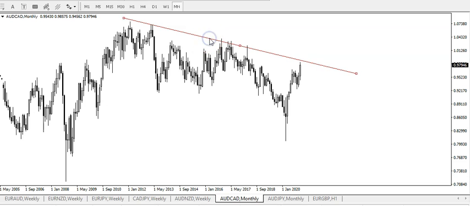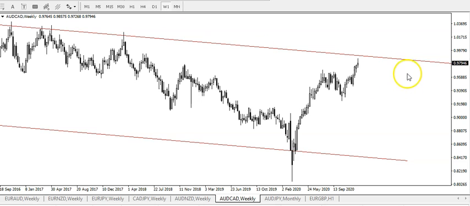So this is what I'm looking at. Not very clear patterns at this point in time. Not something that strikes out, so it's something that I'll probably stay out for now. A good potential short if it touches here, nearly there. Yeah, that's Aussie CAD.